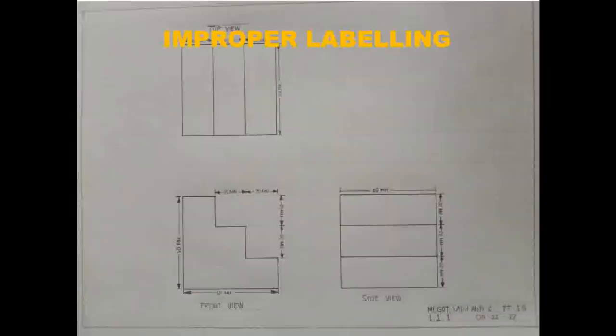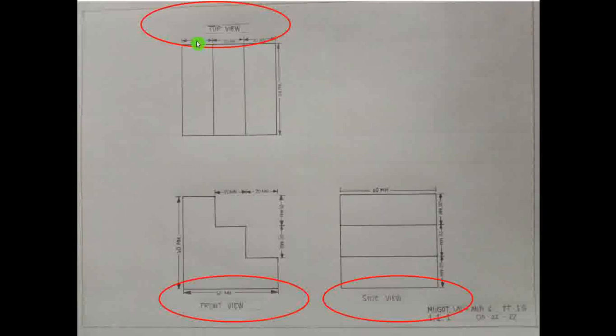Improper labeling. In this example, you could see that though guidelines were used in lettering while labeling the drawing, however, these guidelines were never used properly when doing letterings.